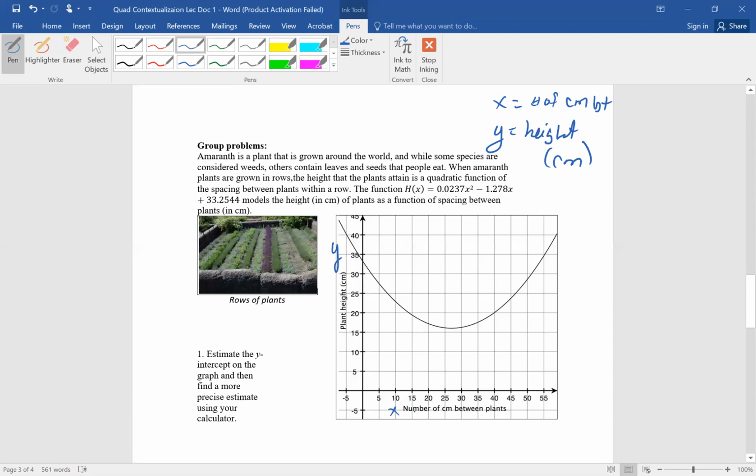If you're looking at this, let's continue where it says when the amaranth plants are grown in rows, the height of the plants attained is a quadratic function, which is what we've been working on, of the spacing that's between the plants when you're within the row. So there's a little picture there for you. And you have a function here. And notice that the coefficient in the front is positive.